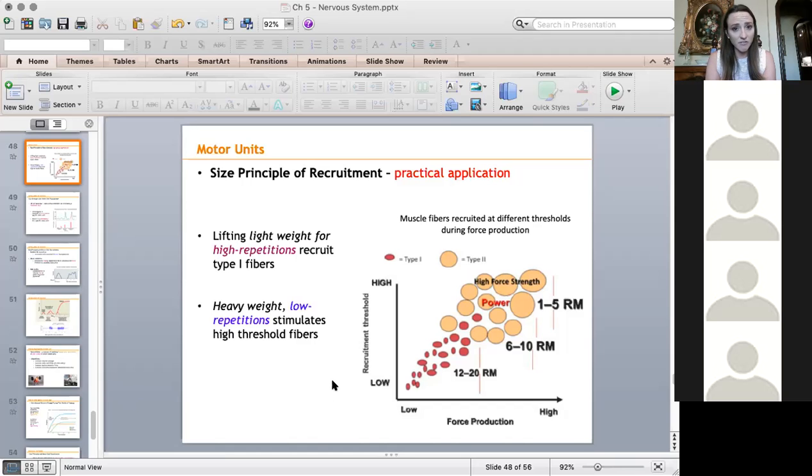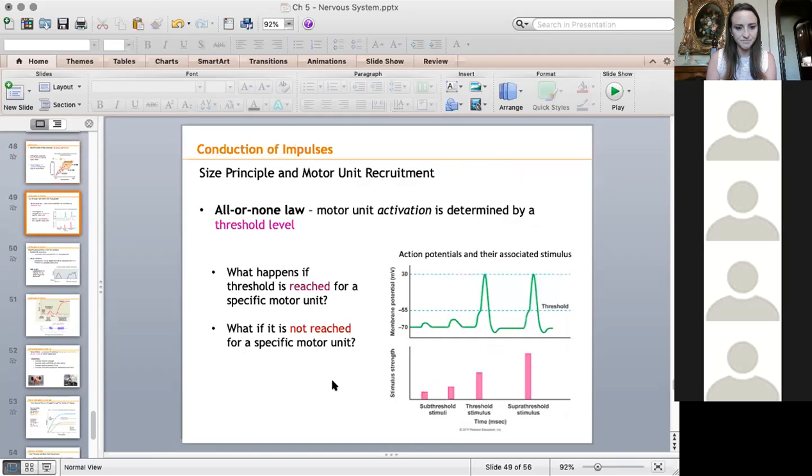When the weight gets heavier and the repetitions get lower, I have to recruit larger motor units or larger muscle fibers to do the job. So I have to recruit my type 2 fibers along with my type 1 fibers to help me do harder tasks. So y'all probably understand that concept a little bit better after doing it on your assignment.